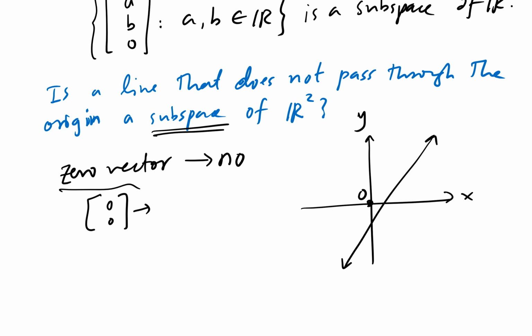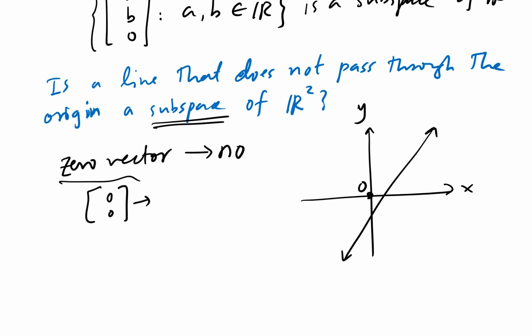We can look at more, just so you see more examples of this. Same example: is it closed under addition? If you take two vectors u and v, the first vector u is on the line, and you take a vector v, let's say this one.